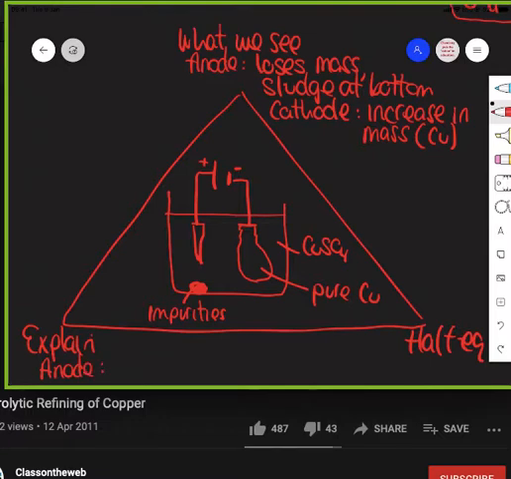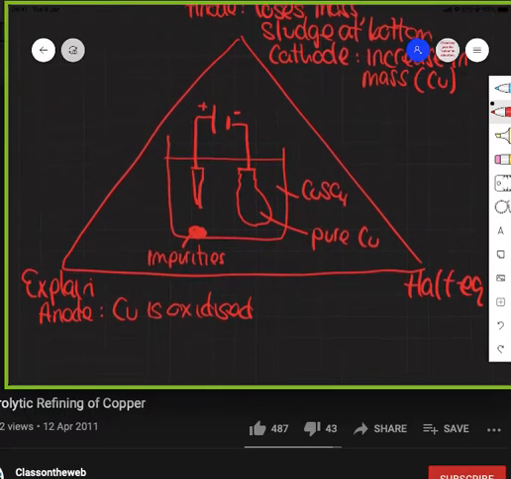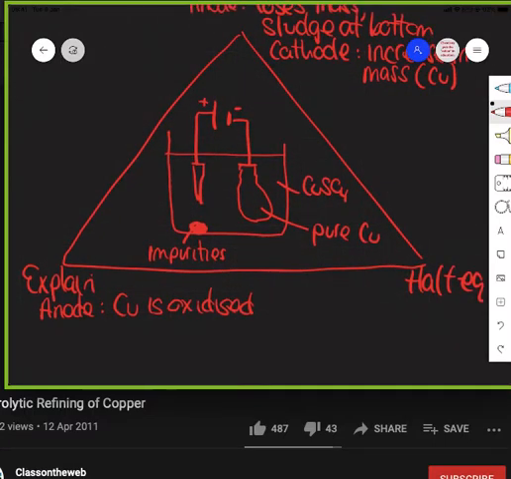Okay, so at our anode, and I'll move this up in a second. So at anode, our copper is oxidized. Can I move this up a slight bit? So copper is oxidized, and impurities lost.